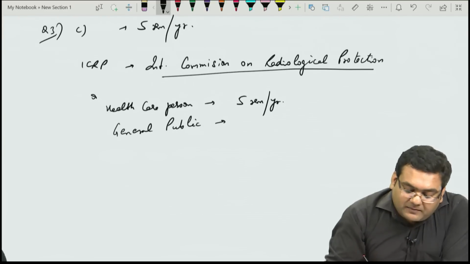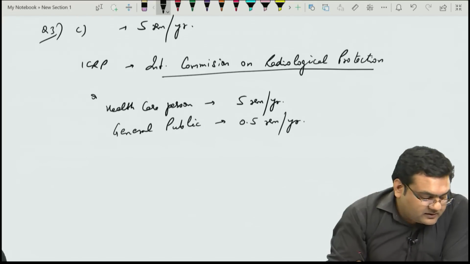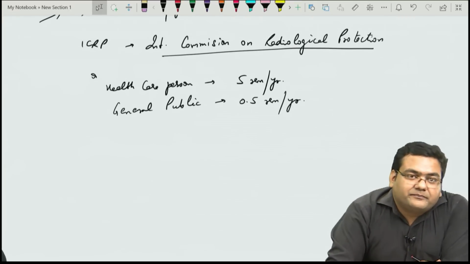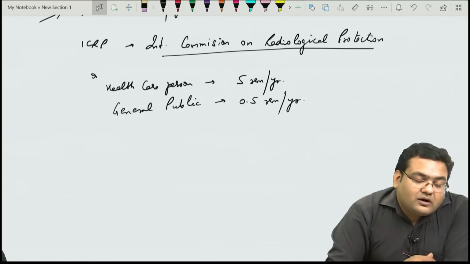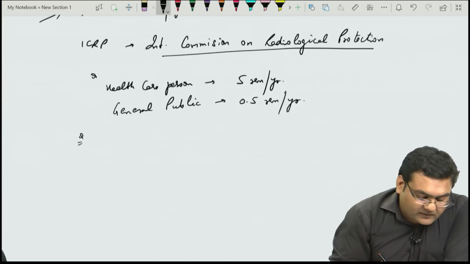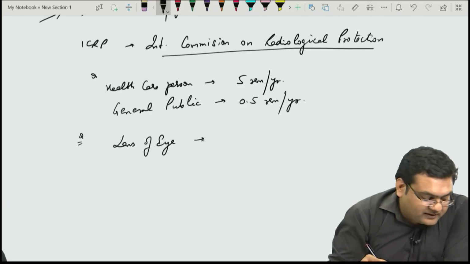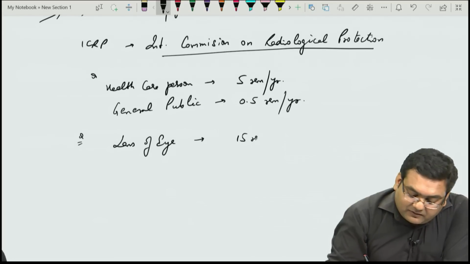For general public, it is 0.5 rem per year. Now for organs, it has laid down for lens of eye, the dose is labeled as 15 rems per year.